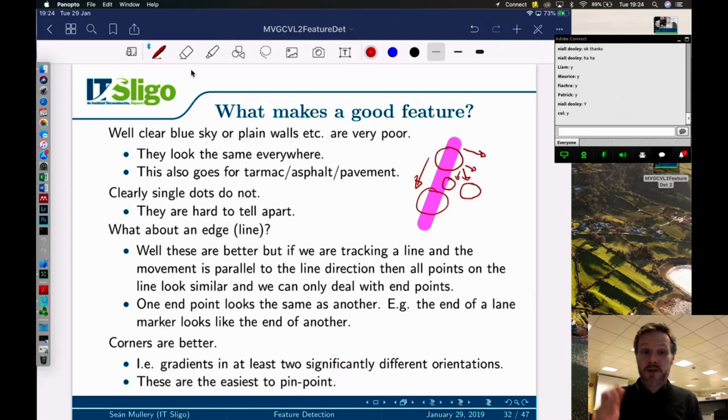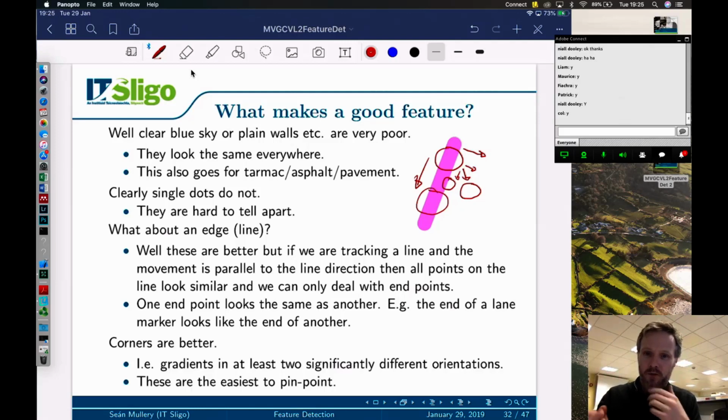That said, for all of that, corners are usually the best. So edges where we have gradients or change in brightness in more than one direction are the easiest things to tell apart. If we see it from some other direction, the directions of the gradients might change, and we might have it moved over this way. That will have an effect.